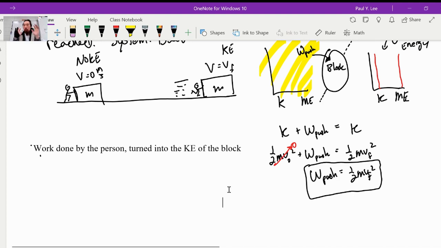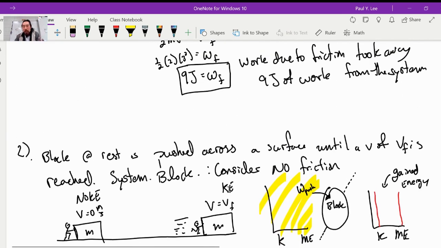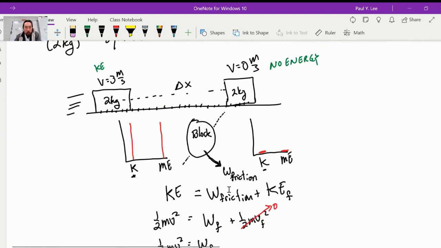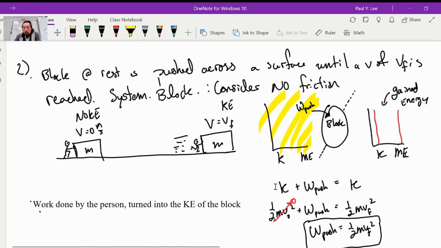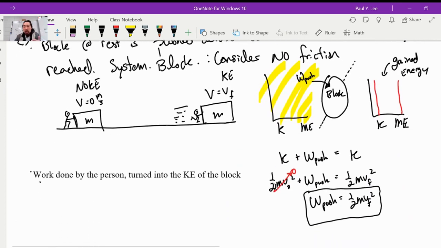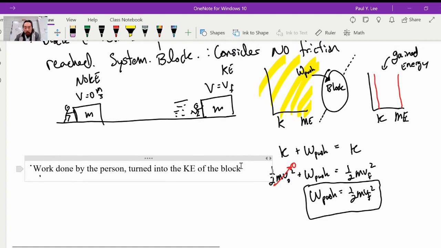All right. So once again, leave a little space because we're going to be coming back to this distinction. The first situation, we saw how energy left the system. In the second situation, we saw how energy was added to the system, and the energy came from the outside force. You know what? I'll also put that there.